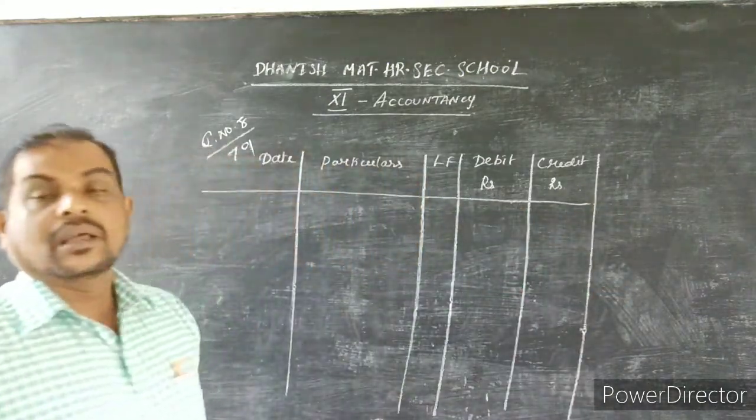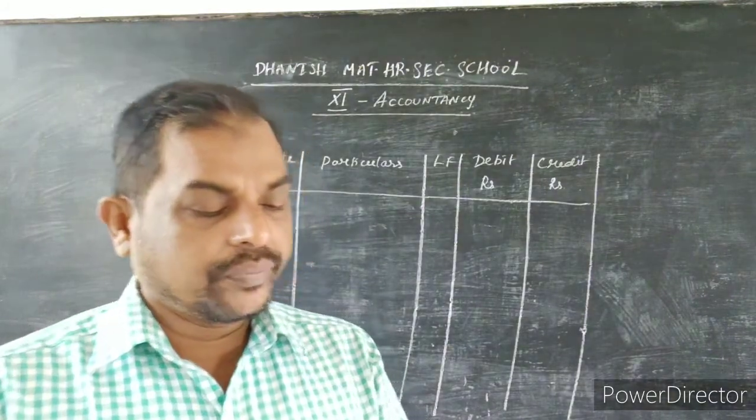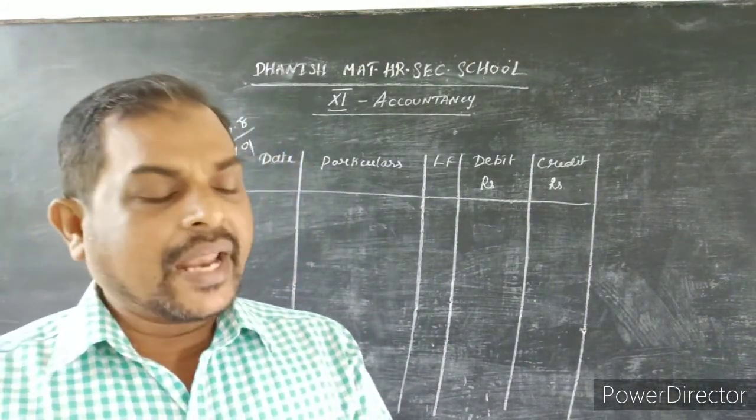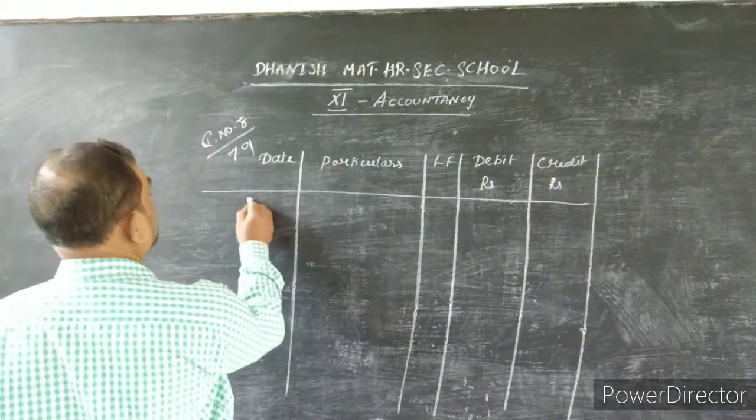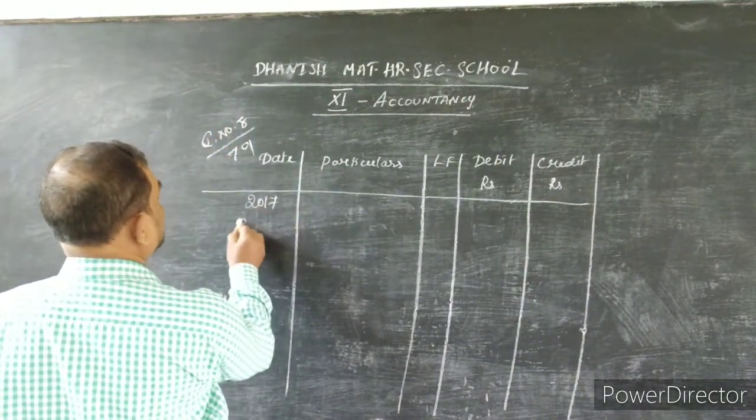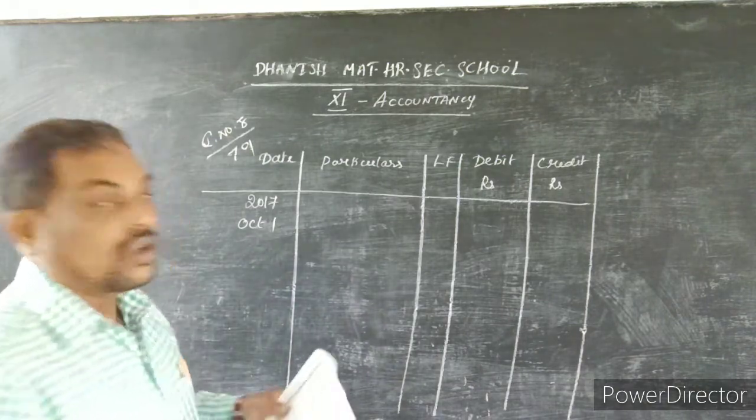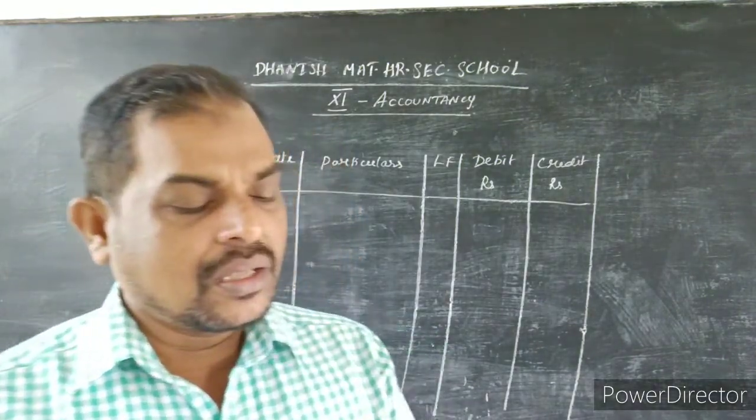Listen carefully. Date is October 1, 2017. So 2017 October 1. What is the first transaction?